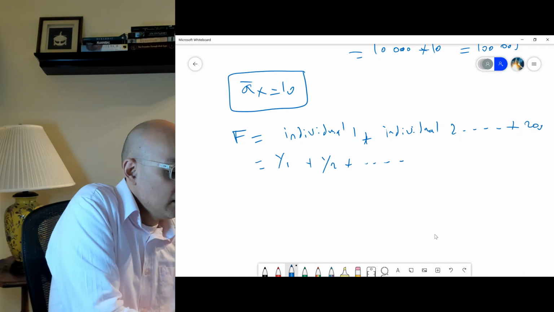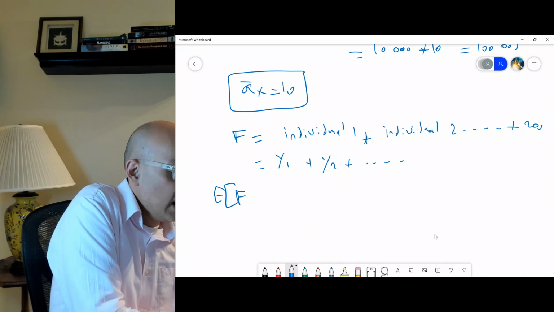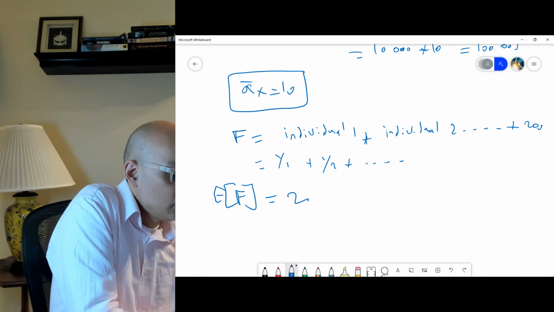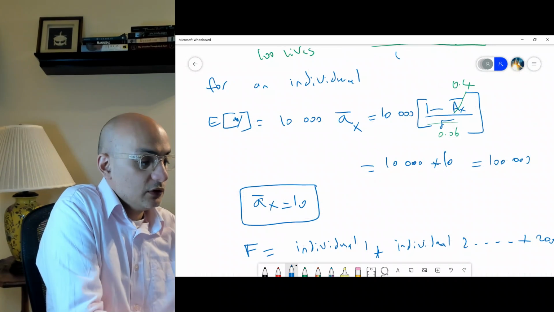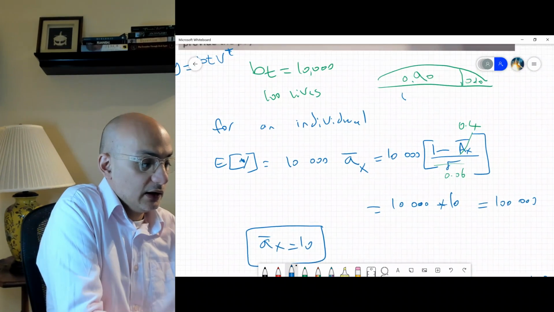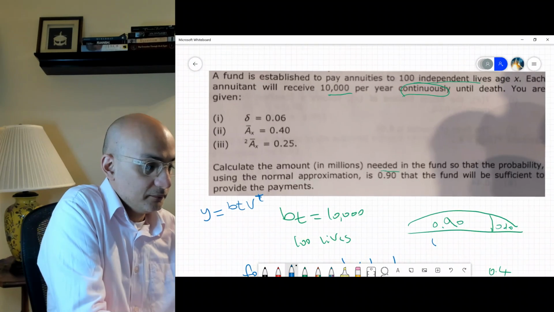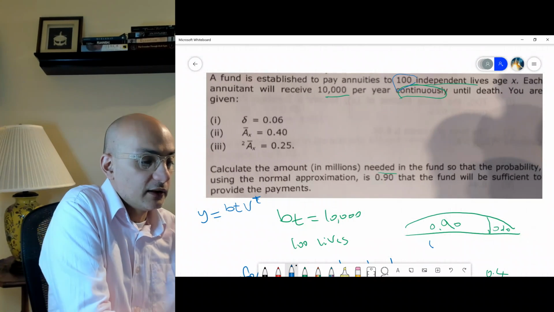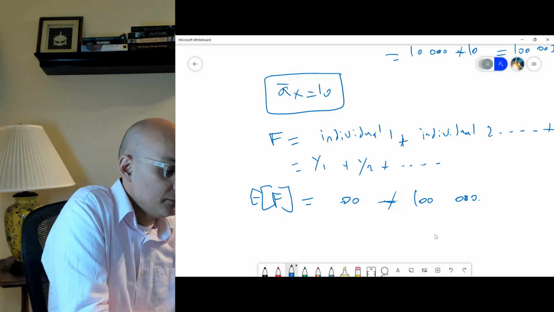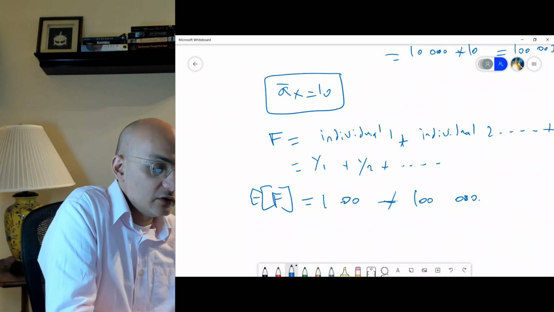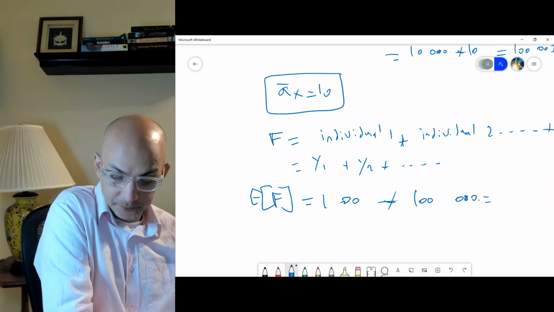So the expected value of the fund that we need to have on average will be 200 multiplied by the 100,000, right? Because we have 200 lives. Oh, actually 100 independent lives. Sorry, it's not 200, it's 100 independent lives. So this will be 10 million, right?